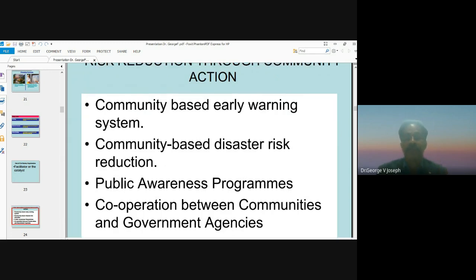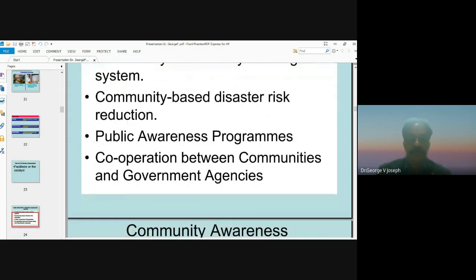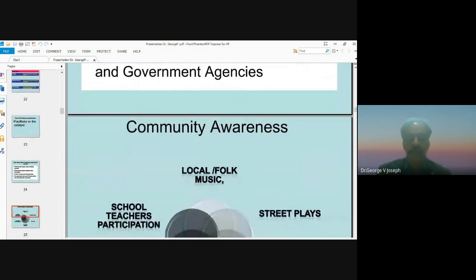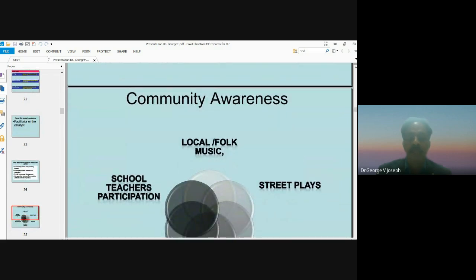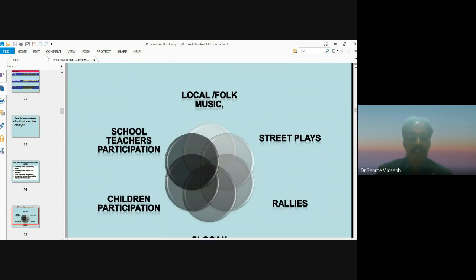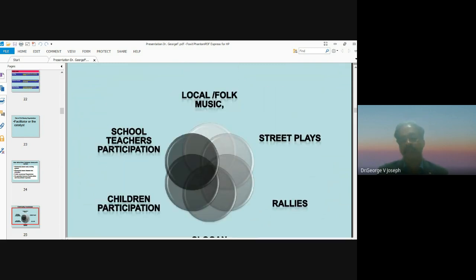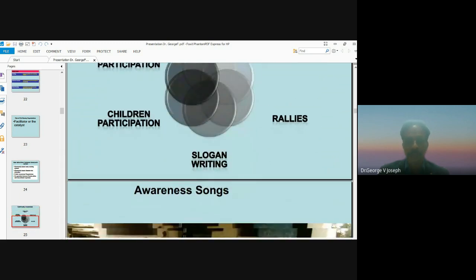For example, you can use local folk music, street plays, school teachers' participation, children's participation, slogan writing, and rallies. You can contextualize these activities against the various types of hazards, and the local community can be very much involved in this process.